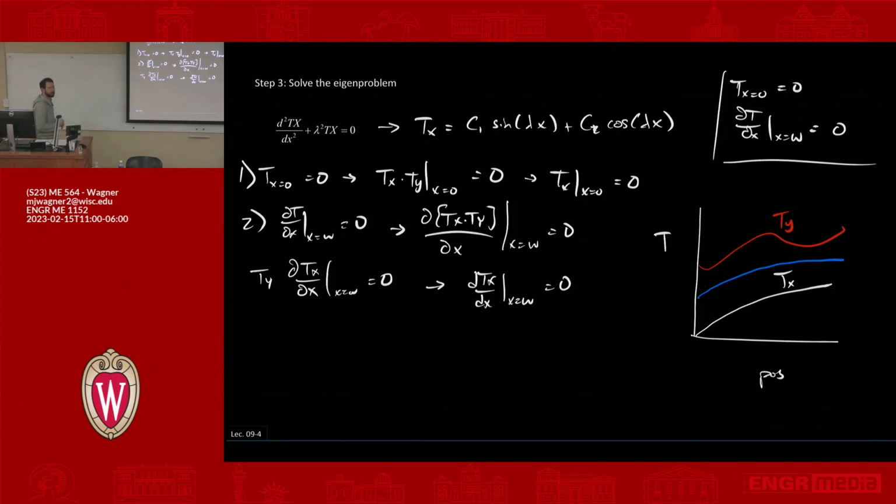In our problem, one boundary condition is 0 and one is T_h, but it really just matters that it's a delta. Otherwise it seems unphysical to say that your boundary's at 0 temperature.